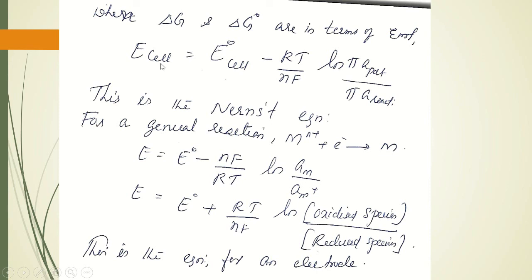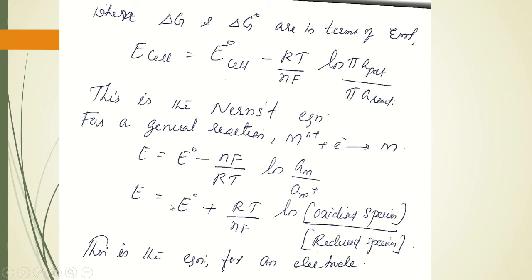And what will be the general E cell reaction is equal to E0 cell minus RT by nF into ln pi into activity of the product divided by activity of the reactant. And this is the general Nernst equation. Okay, so consider another reaction here, and the general Nernst equation for this reaction is equal to E0 minus RT by nF into ln of activity of the reduced species divided by activity of the oxidized species.